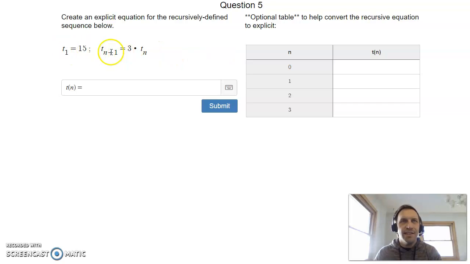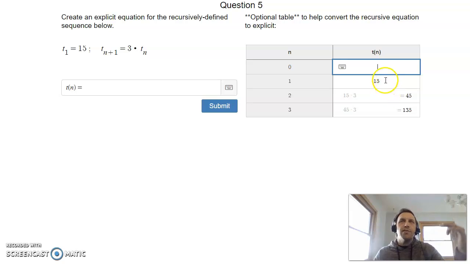All right, our initial value is 15, and it says we're going to multiply each previous term by 3. So 15 times 3 is 45, times 3. Again, you don't need to know what n of 2 and n of 3 are, but you do need to know what n of 0 is.